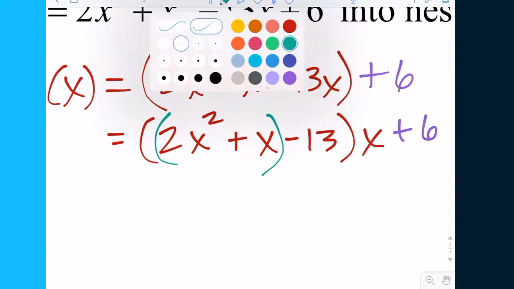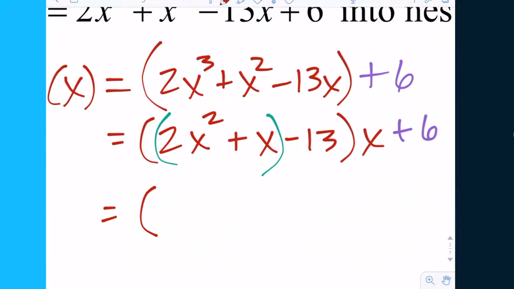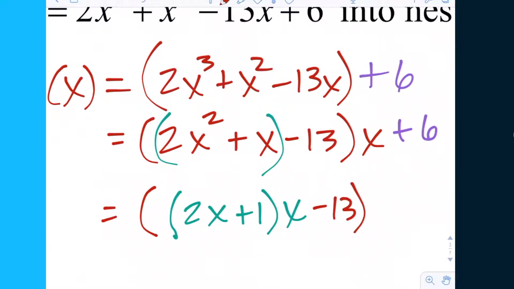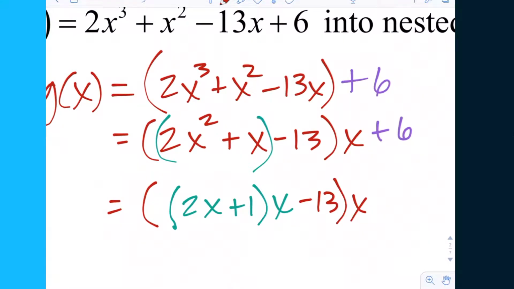So if I use the same color coding here, we've got an open parenthesis, and then another open parenthesis, 2x plus 1 times x. And then I finish my red layer, minus 13, x. And then I've got the purple layer, plus 6.